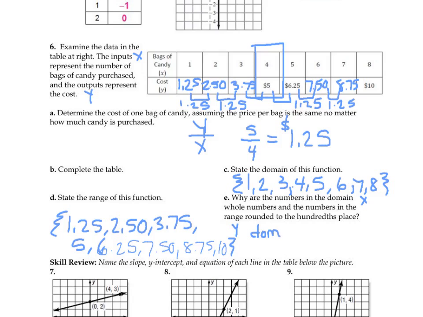So the domain is the number of bags of candy, and the range, we know, has to do with the cost, because that's our Y values, and cost we round to the hundredths place, so the range is the cost.